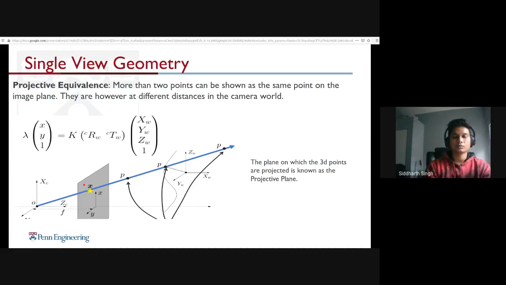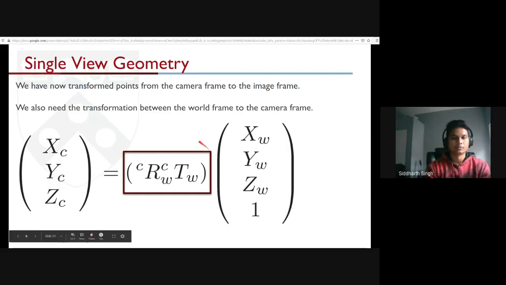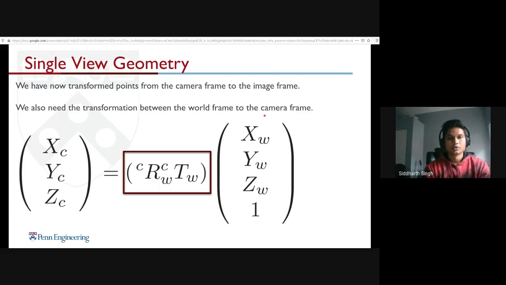Now that we have transformed our points from the camera frame to the image plane, the next thing that we need is the transformation between the world frame and the camera frame, right? Going back and talking about the very first thing we talked about, why are we doing all of this?